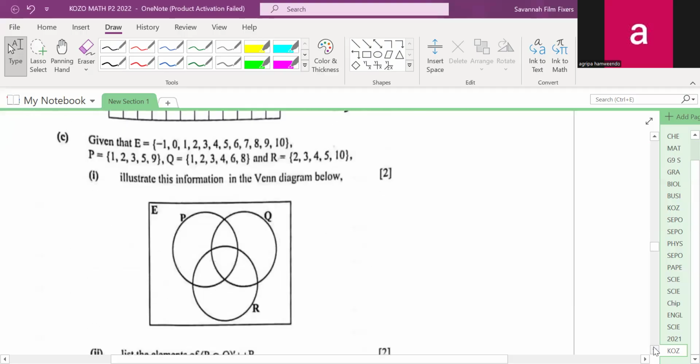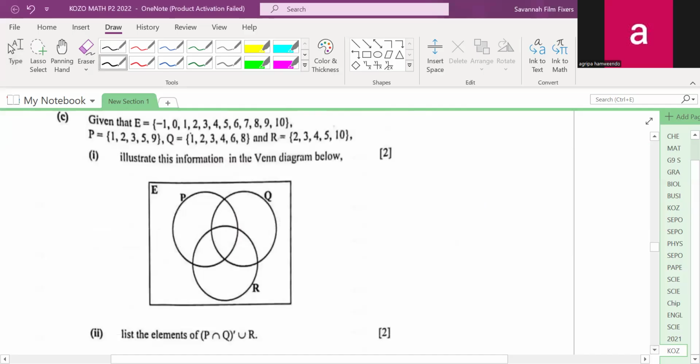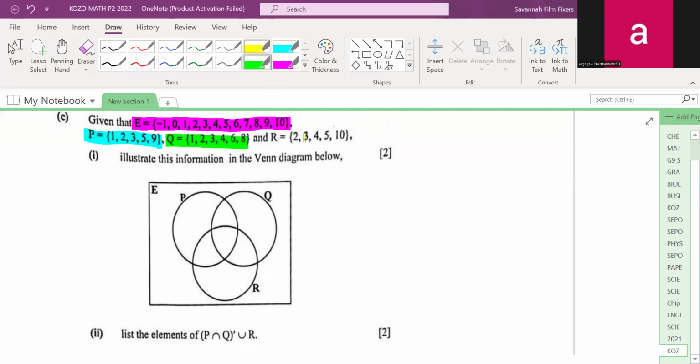Okay, so we have a universal set here. This is the entire universal set, and we have got 3 sets with their intersections. We've got set P, set Q, and set R. The question is telling us to illustrate this entire information on this Venn diagram.